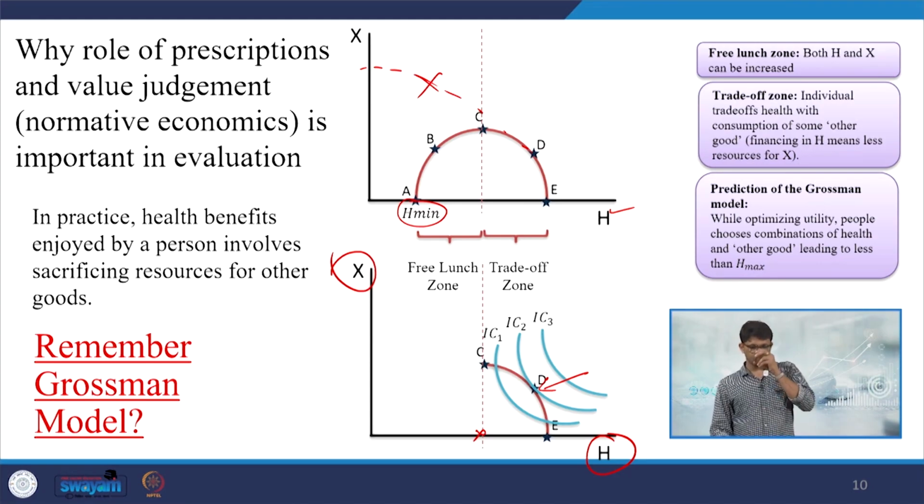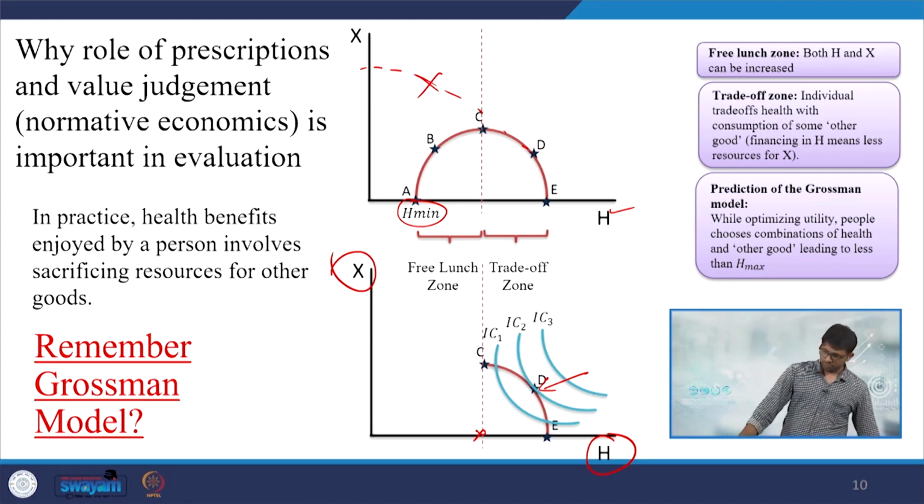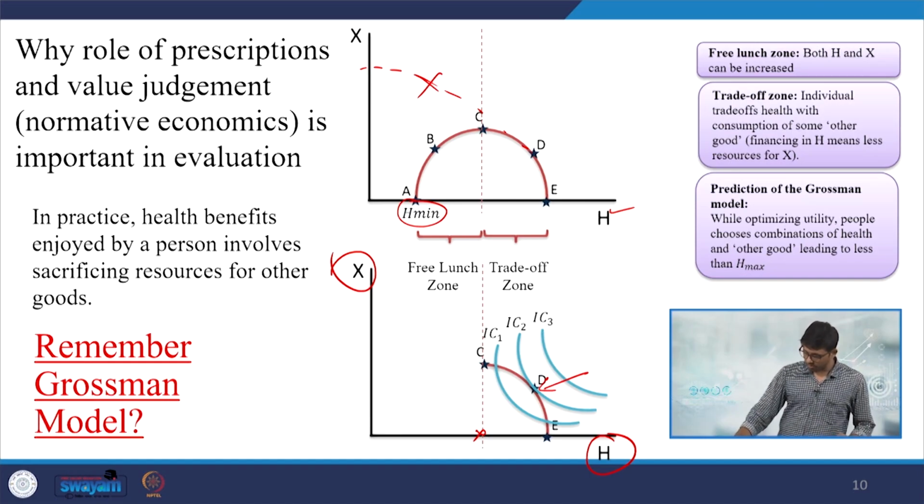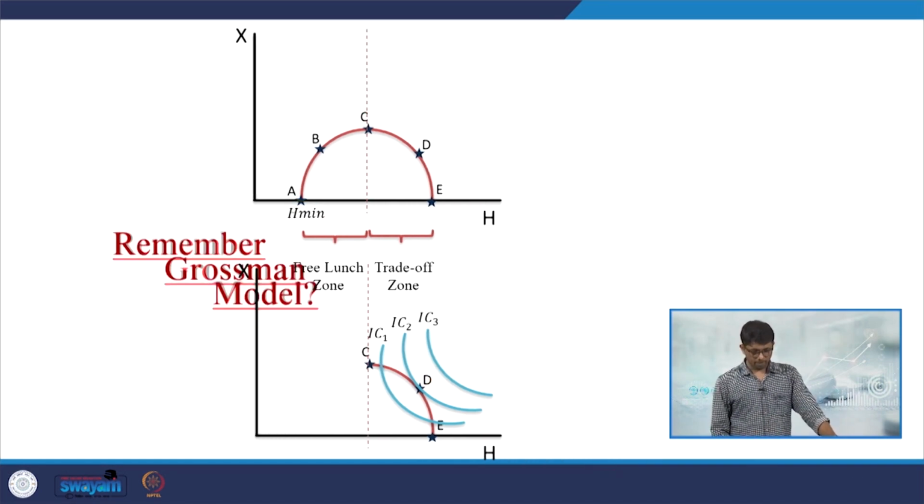So, in the trade off zone, we usually discuss the individual trade off between health and consumption of other goods, especially in Grossman's model, and the prediction is that while optimizing utility, people choose a combination of health and other goods, leading to less than H maximum.